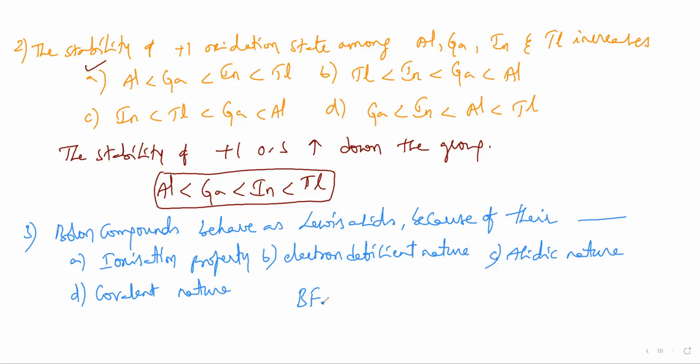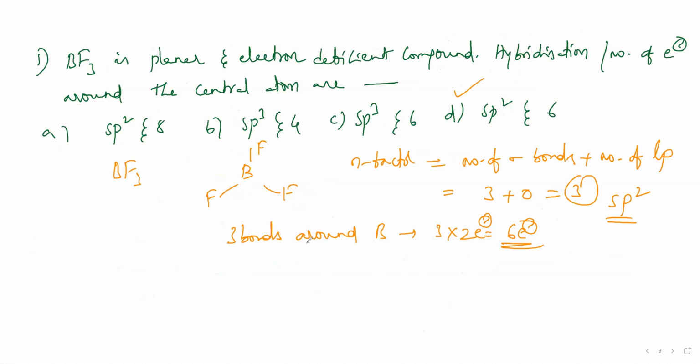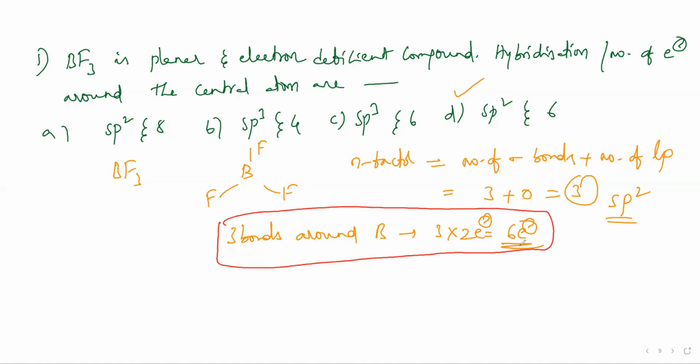Consider BF3, BCl3. Already we have seen BF3, and in BF3 we already solved one question. The central atom boron has 3 bonds around it, so how many electrons? 6 electrons.